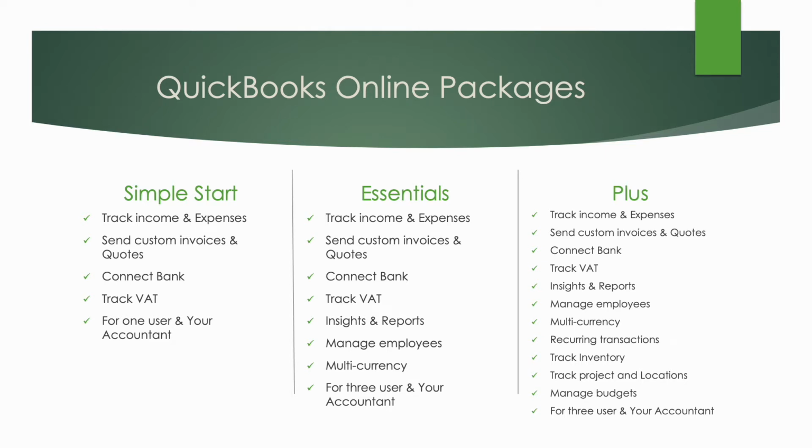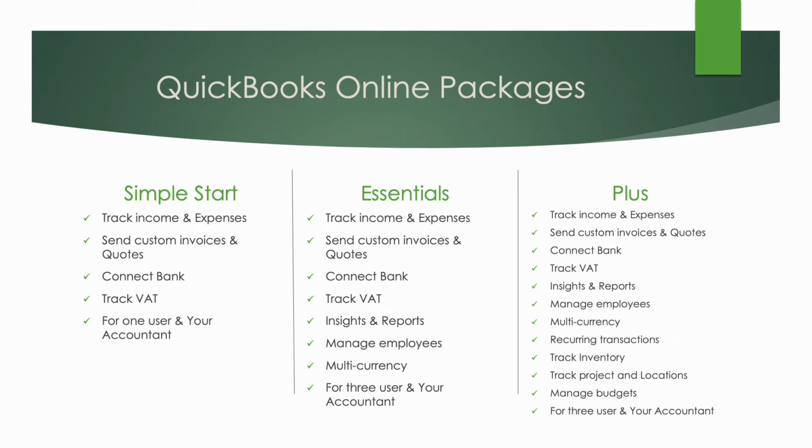And then Essentials, that one you get everything that you would get in Simple Start, including insights and reports. So now you start getting reports. Some of the reports we've highlighted in our previous videos. So you start getting profit and loss, balance sheet, and then you can also manage your employees in terms of tracking their hours and all of that.